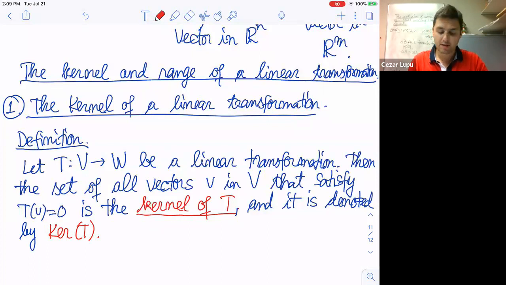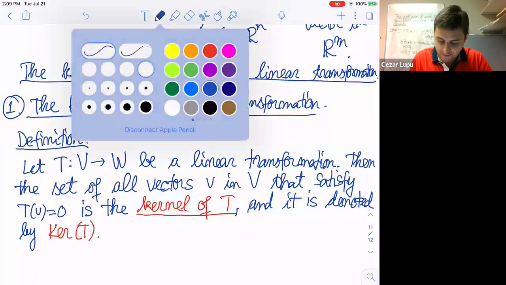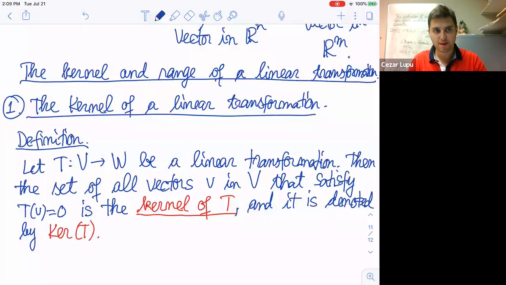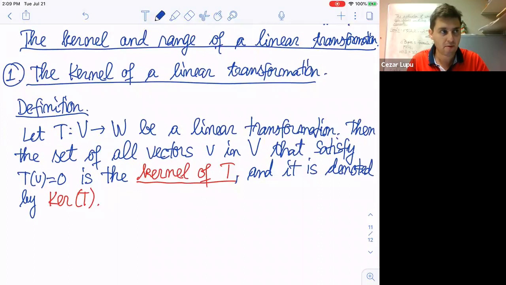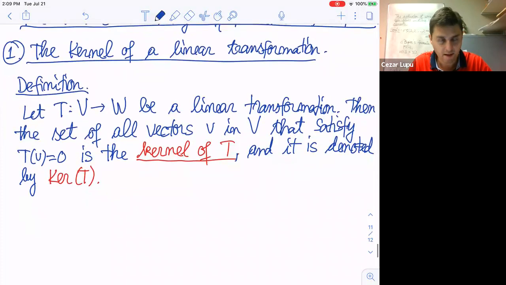Okay, and now let's see some examples. I think you got used to my style by now. I always like to do examples once I have a definition or theorem, before I even tell you more about the proof, so that you can grasp the notion better. So the example I have in mind is the following.